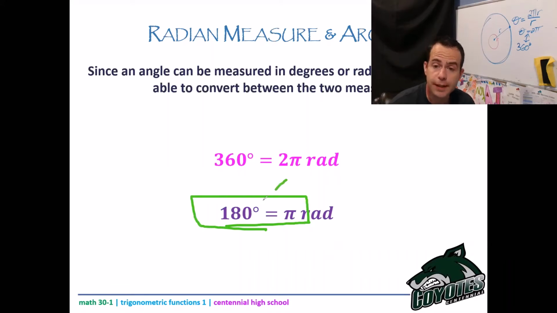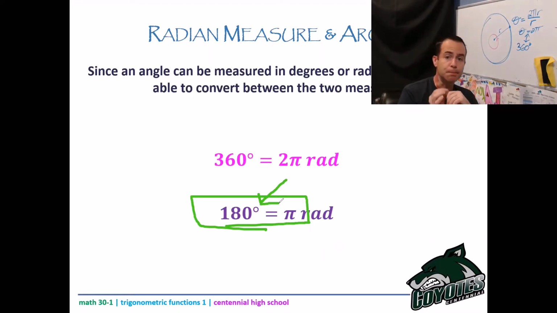Super important. If you are talking in degrees, you must have the degree symbol there, because by default, if there's no units given, you're talking in radians. So if you just wrote the number 180 and you didn't put that little degree symbol there, I have to assume that you're talking about 180 radians, and 180 radians is way different than 180 degrees.